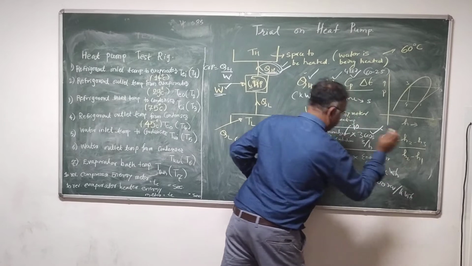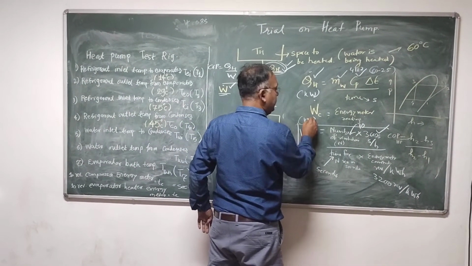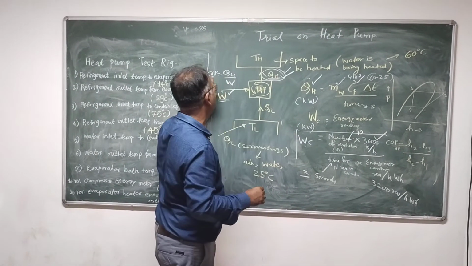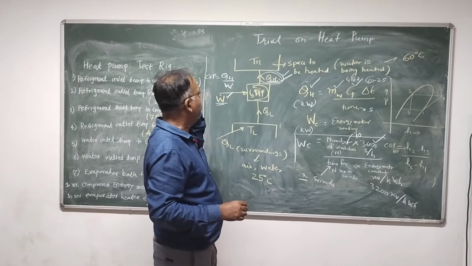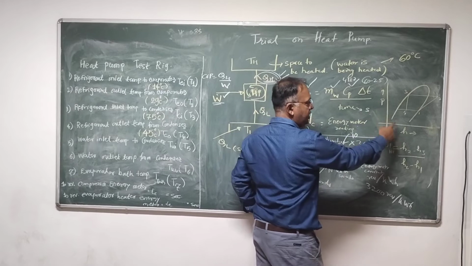If you use this formula also, you can get the power consumption in kilowatts. The ratio of the two, that is heating effect upon power consumption, would give you the coefficient of performance of the heat pump.